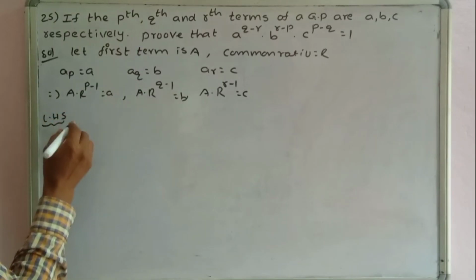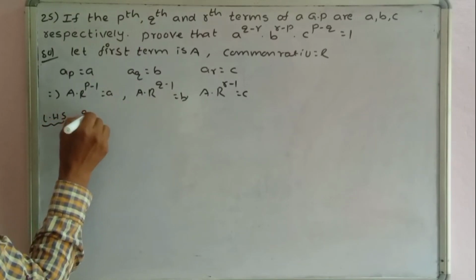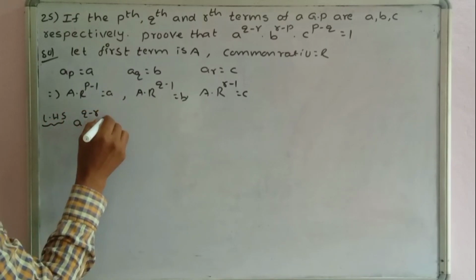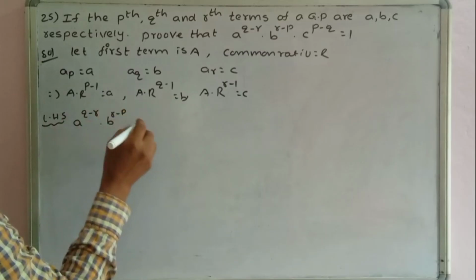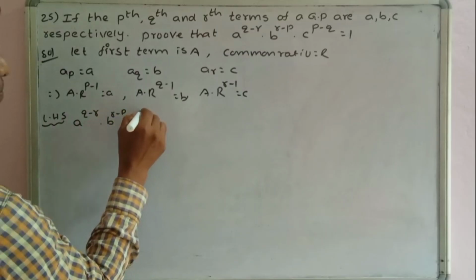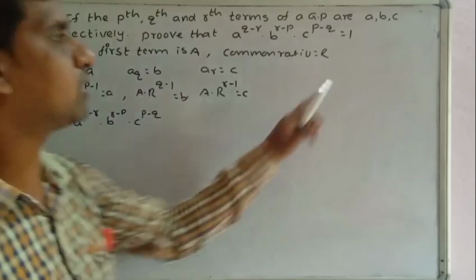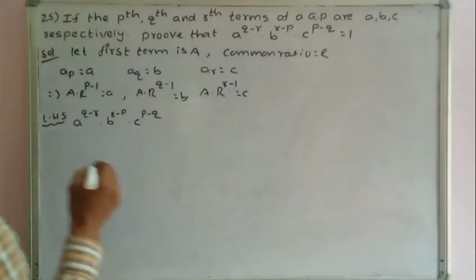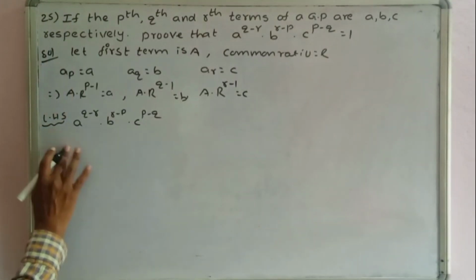Now what is LHS? See the LHS: A power Q minus R, B power R minus P, C power P minus Q. Now we will prove that this value is 1. What is the value of A?